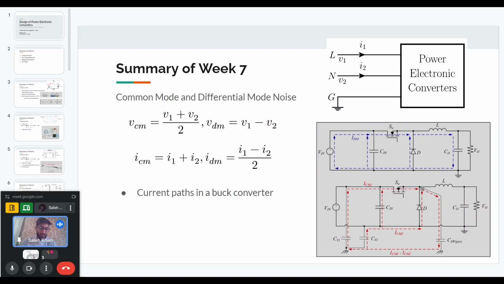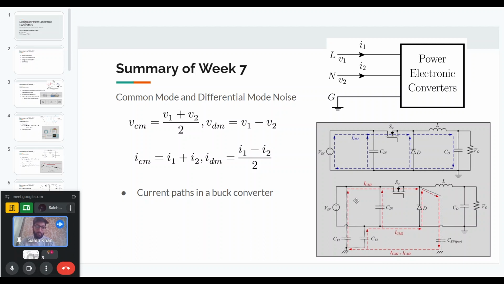The voltage of this point, with respect to the negative bus, will go from 0 to Vin and then back to 0 in each cycle. Because these voltages are changing and there is a parasitic capacitance between this switching node and the ground, it will lead to some current. This is the common mode current, and the path is shown here. It will come from the switch node to the ground and then back through the other parasitic capacitances.